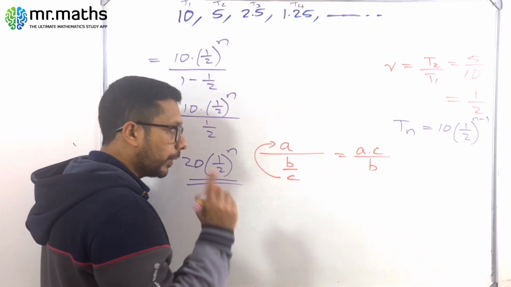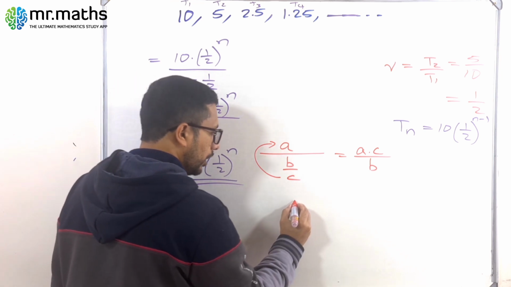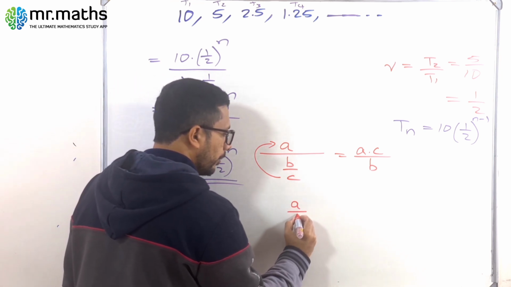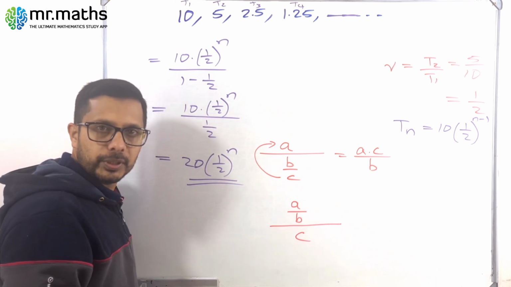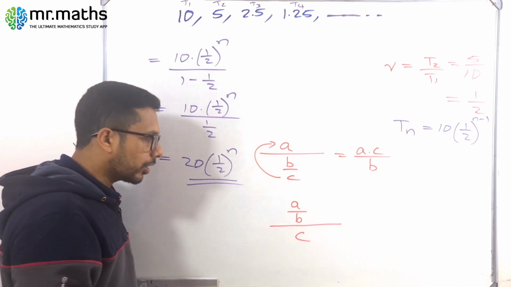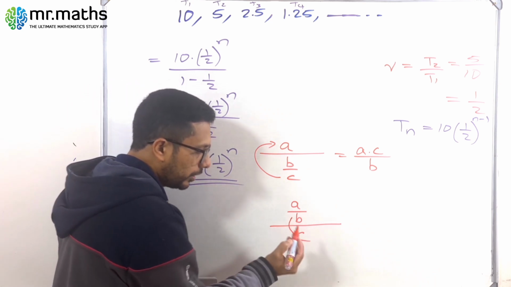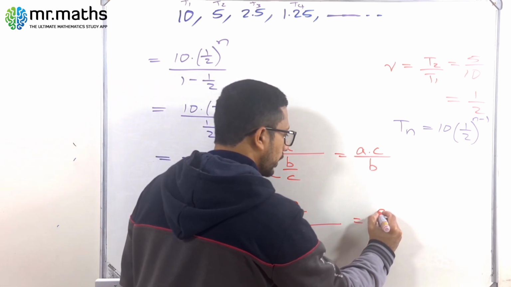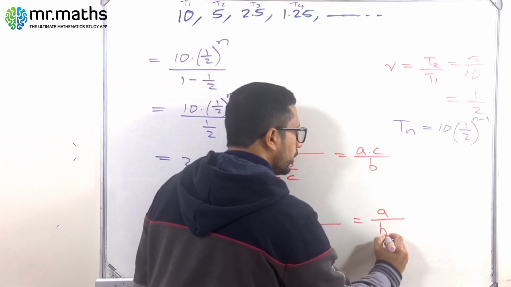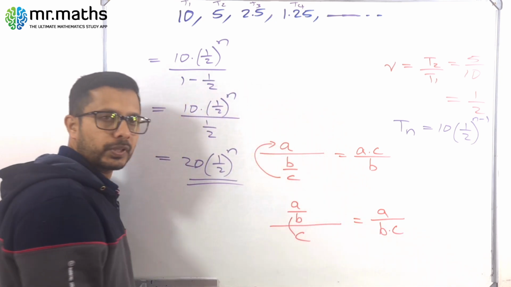You understand? But you must be careful. If it is like a by b divided by c, then what you are supposed to do is multiply these two, that means b times c. Then you write the answer as a divided by b times c.